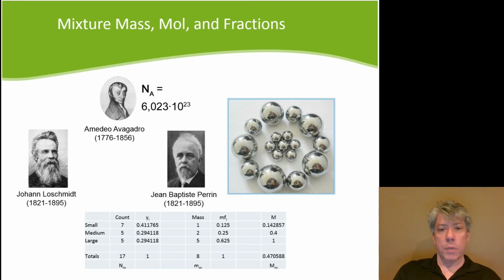You can see his picture. But the person who gave Avogadro's number and his constant its name is actually Jean-Baptiste Perrin. I murdered the name, I'm sure. I don't know how you pronounce it properly. He was French. But that's where you get the number from, 6.023 times 10 to the 23rd.